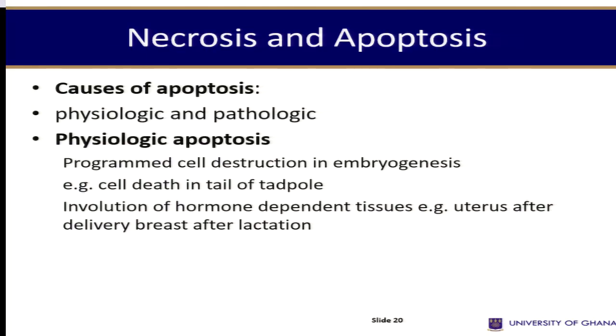Physiologic causes occur in programmed cell destruction in embryogenesis, for instance, how the tadpole loses its tail to become a frog is due to apoptosis. Also, the uterus, which involutes after delivery, does so through apoptosis.